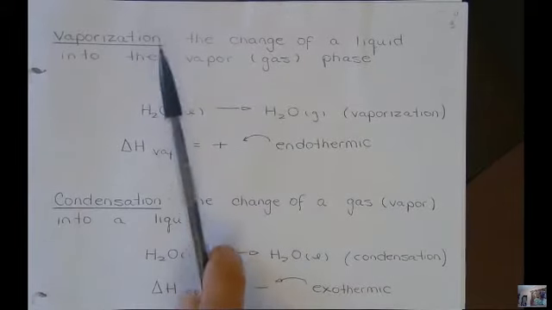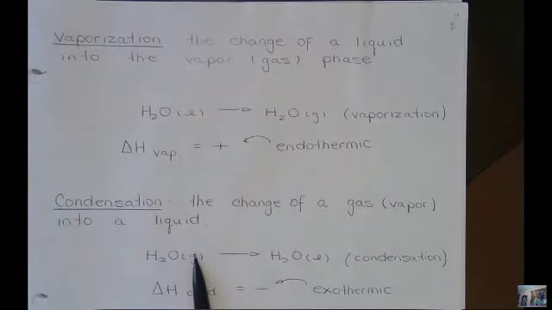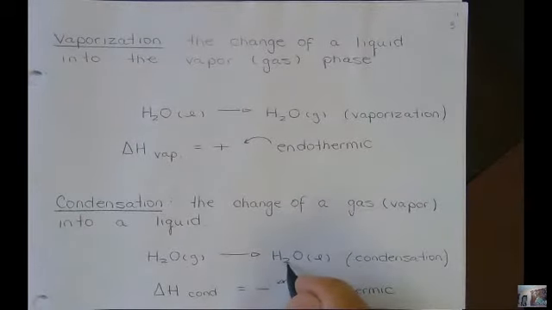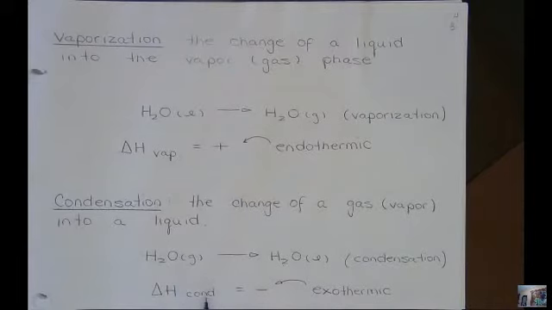What's the opposite of vaporization? That's called condensation, going from the gas phase and settling out into the liquid phase. Let me just finish my 2 over here. Okay, that's called condensation. Delta H of condensation is a negative value. It's a downhill process. When things condense, they release energy.